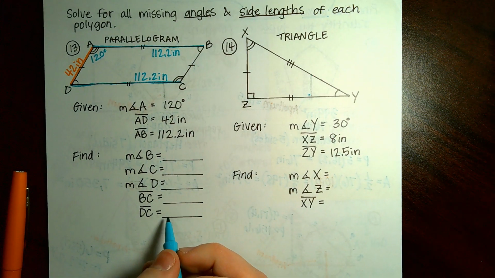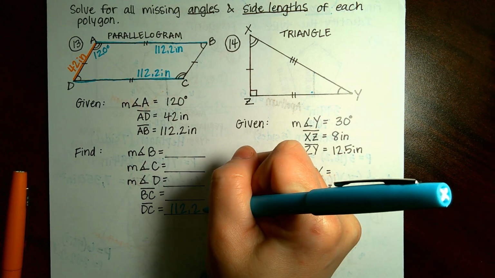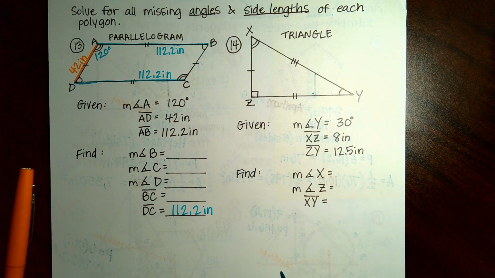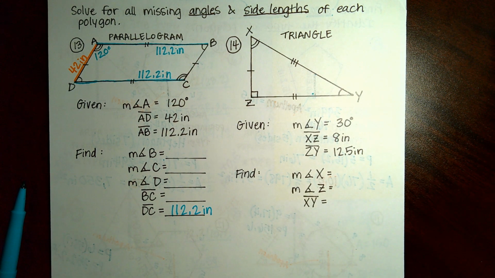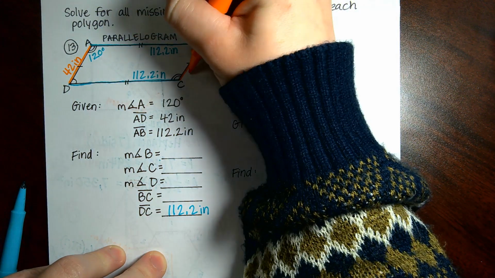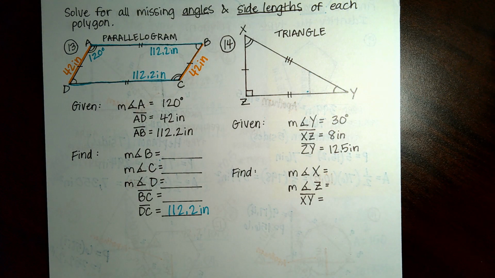So we can go ahead and write that answer in. Inches. And B to C will be 42 as well, inches.